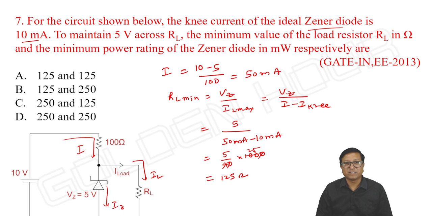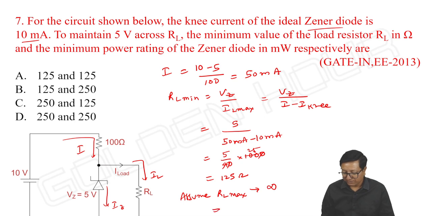Okay, it is fine. Minimum power rating of the Zener diode. For that I should know IZM. IZM is possible with RL maximum. Assume RL maximum is equal to infinite. Implies IL minimum is 0.